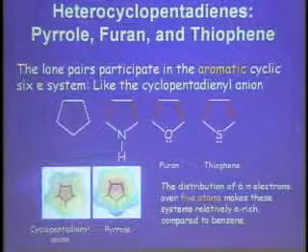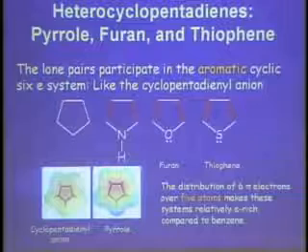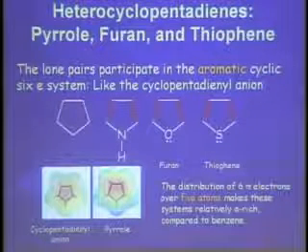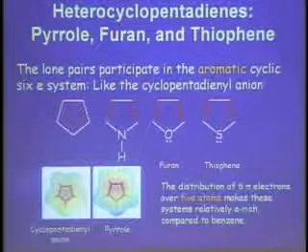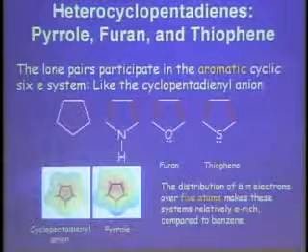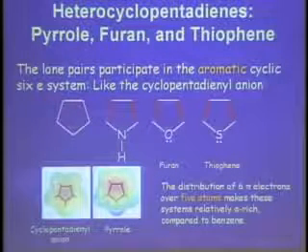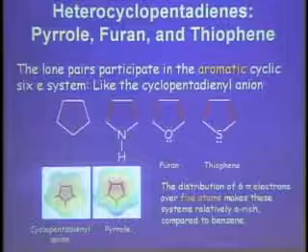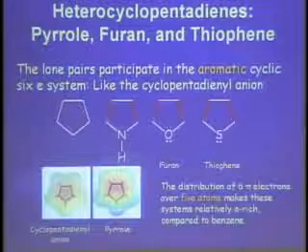Same thing holds for furan and thiophene. In the case of furan and thiophene, because we are further to the right even than pyrrole, we don't even need a hydrogen here. So now we have 2 lone pairs.